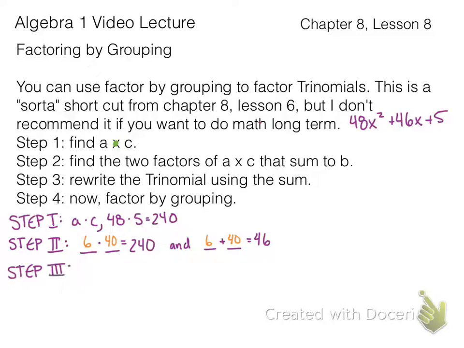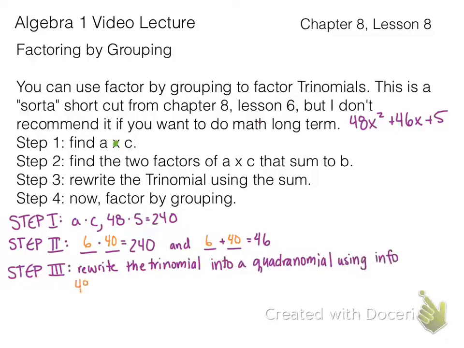All right, step 3, we're going to rewrite the trinomial into a quadrinomial using the info that we had from before: the 6 plus 40 times x, okay? Now, the thing is that you don't necessarily know where the 6 and the 40 go. You can kind of use your logic because you know you're going to have to factor the first two terms and the second two terms to get your final answer, and you know you need to have a repeat binomial, okay?